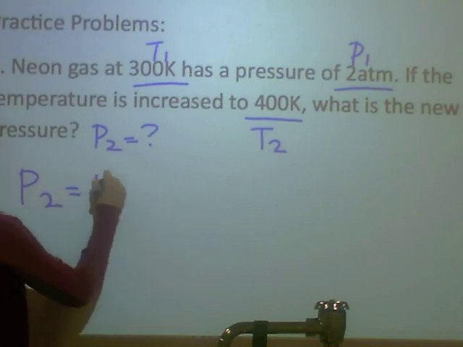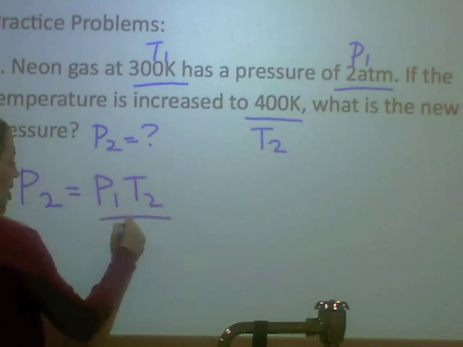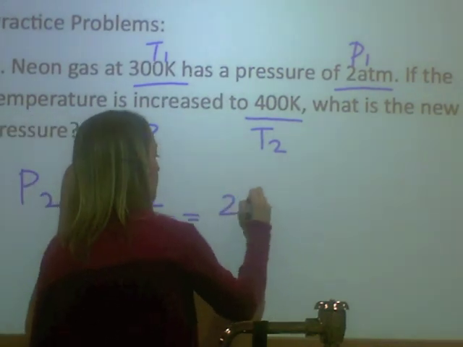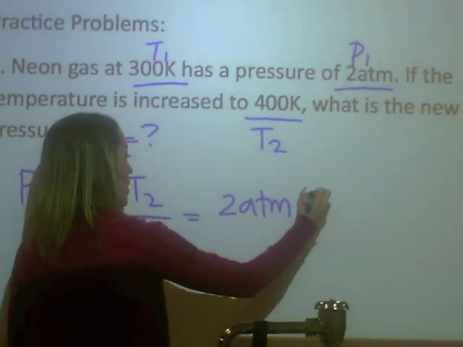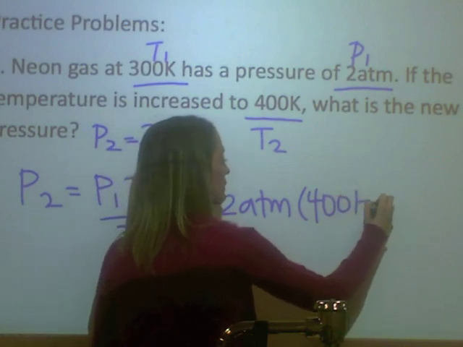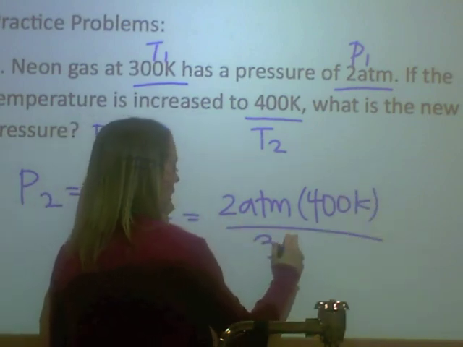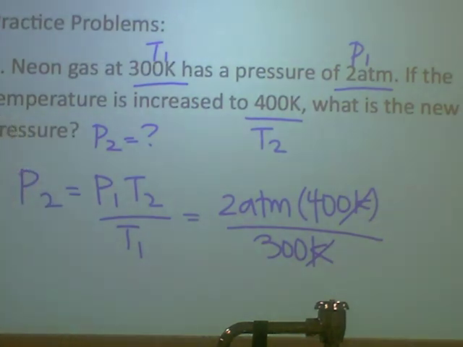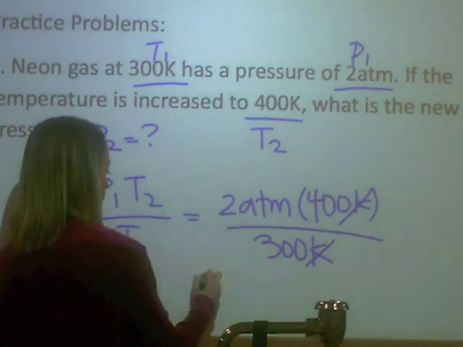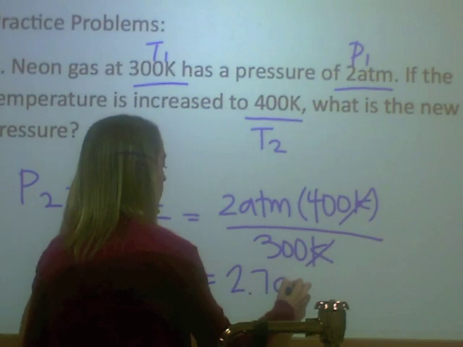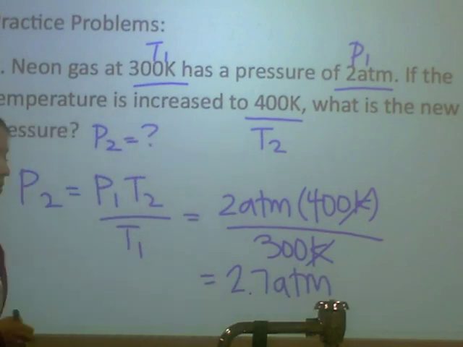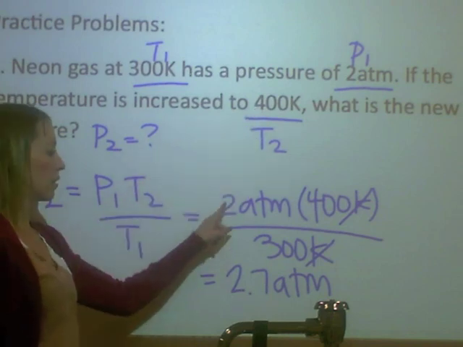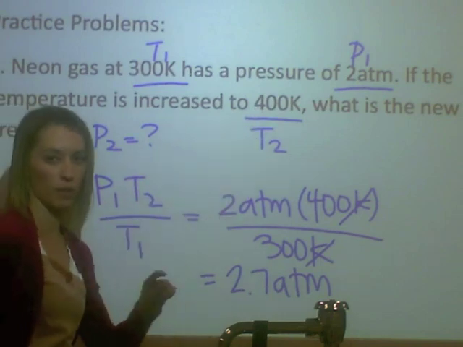So P2 is P1 times T2 divided by T1. Now I get my numbers: 2 atmospheres times 400 Kelvin divided by 300 Kelvin. My Kelvin units are going to cancel. And my answer will be 2.7 atmospheres. Double check our work. Temperature increased, pressure increased. So we did it correctly.